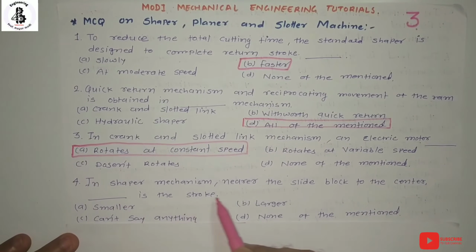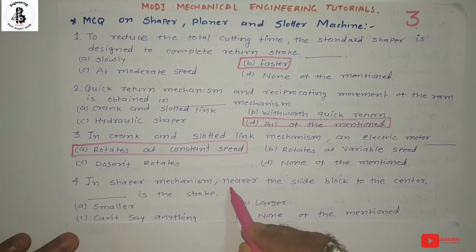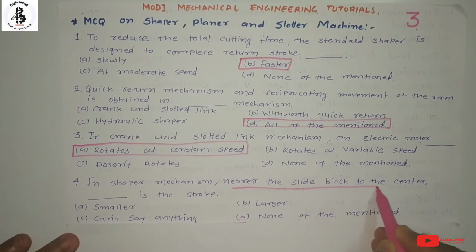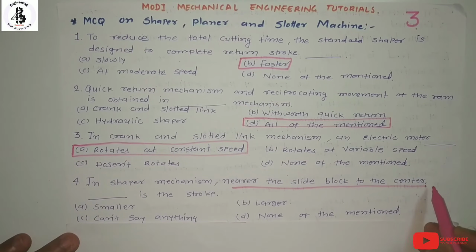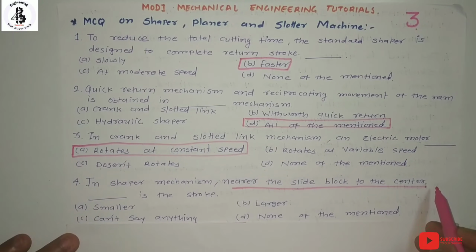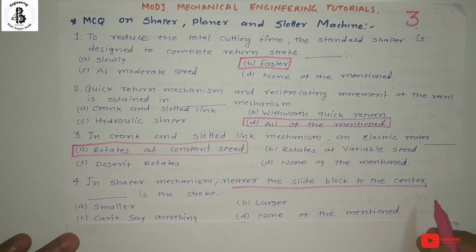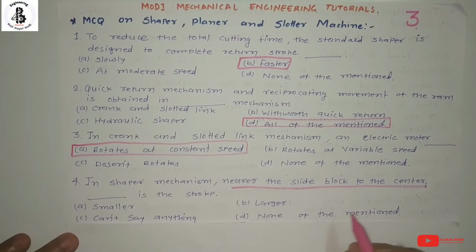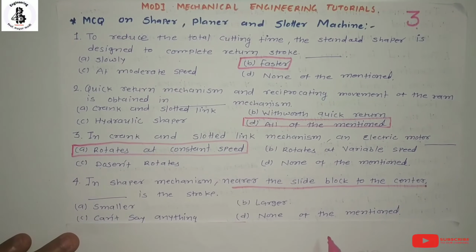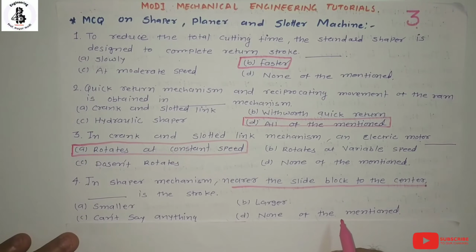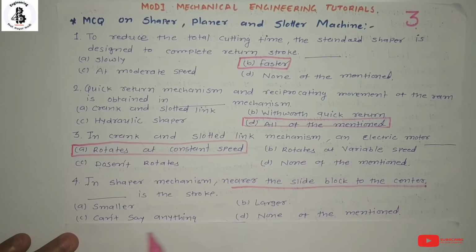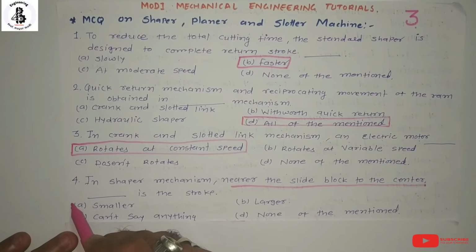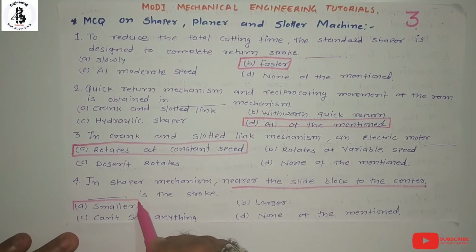So in a SHAPER mechanism the nearer the slide block to the center, that will be a smaller stroke. If you want to adjust the stroke of a ram in SHAPER machines, you need to increase that distance. If it is nearer, that will be a smaller stroke. So the right answer is option A.